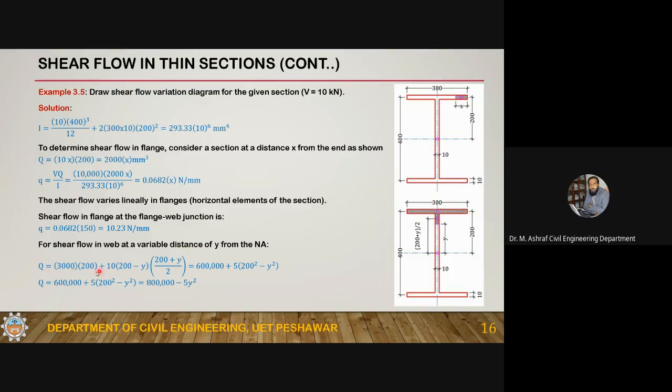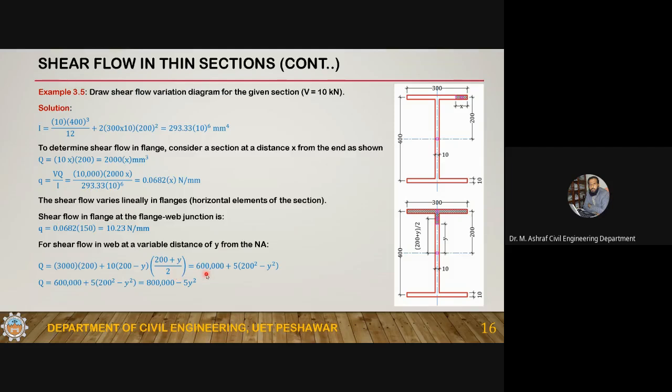So Q is equal to 3000, this is the area of the flange, into 200 is its centroidal distance, plus for this area, the area is 10 into 200 minus y. This from here up to here is 200 minus y. I'm using the center line dimension. There will be a small error, but that is a negligible error.